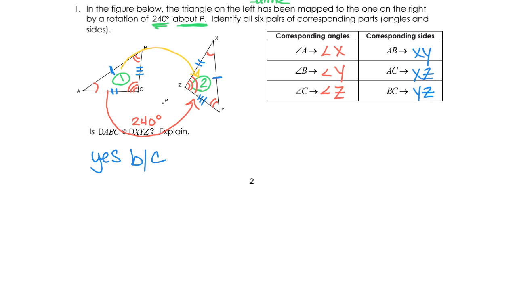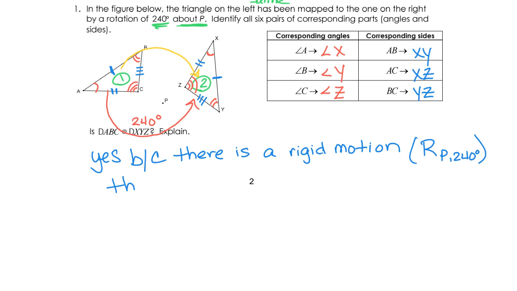So we're going to say yes, because there is a rigid motion, which is a rotation around P of 240 degrees that maps triangle ABC onto triangle XYZ.